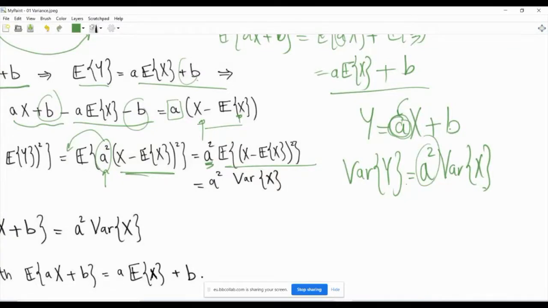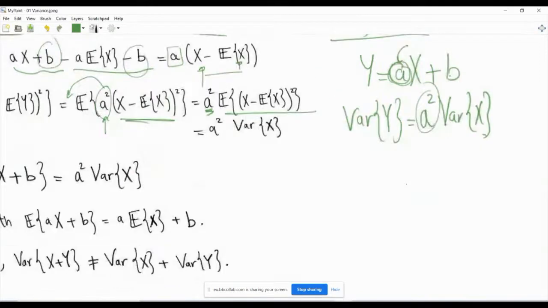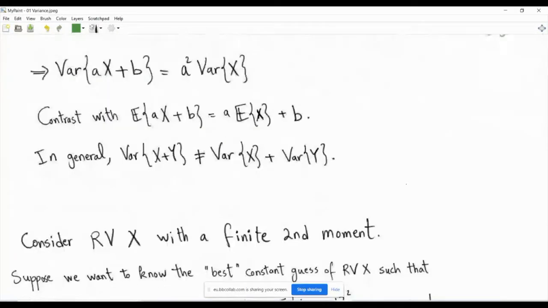So variance, generally speaking, is not a linear operator. It's not like expectation. Expectation is a linear operator. Variance is not a linear operator. And if a random variable is scaled by a constant, the variance will be the old variance multiplied by this constant squared.